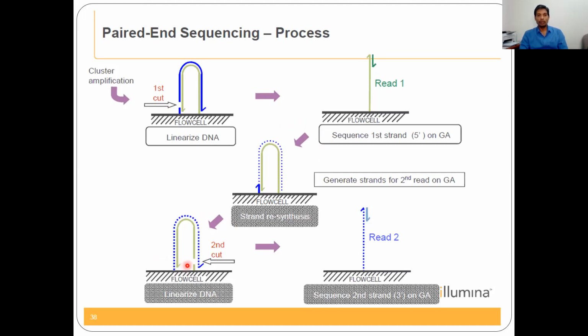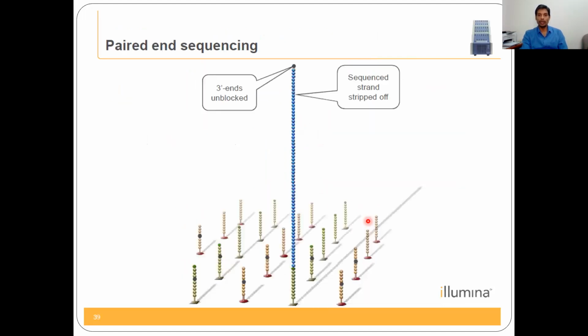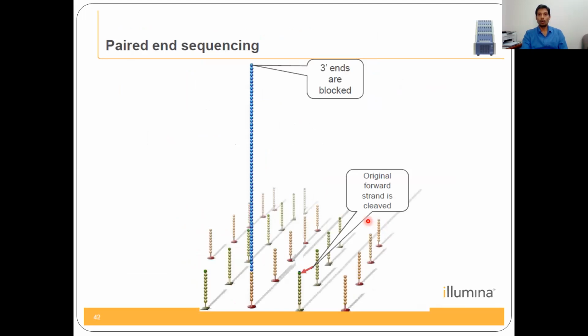So that means we are going to have another DNA sequence which is complementary to the sequence we sequenced. Then again we know the other end also, right? So we make a primer complementary to this adapter and anneal it, and block the whole thing.